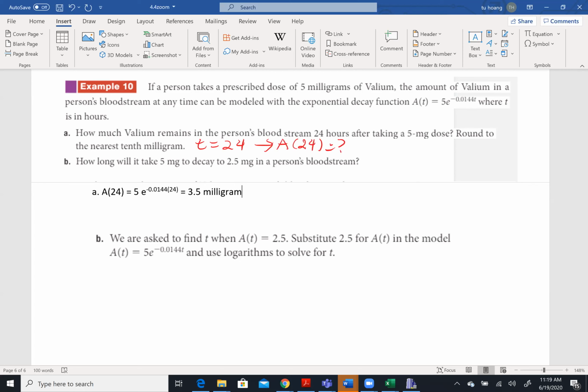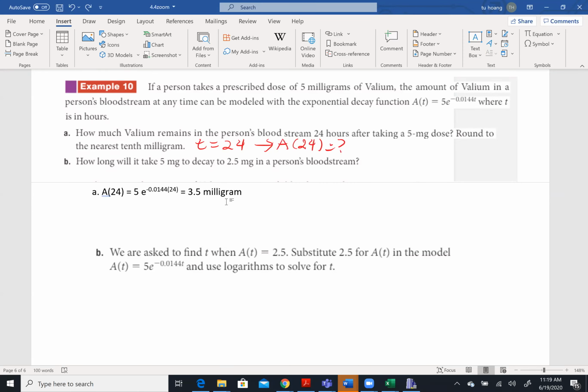And the answer should be like 3.5 milligram of Valium remains in the person's bloodstream 24 hours after taking a 5 milligram dose.